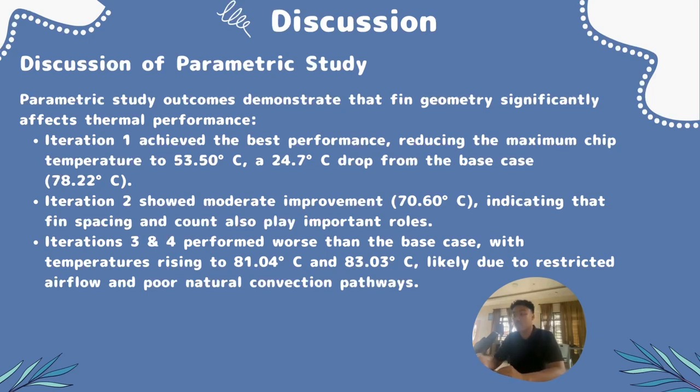Iterations 3 and 4 performed worse than the base case, with the temperature rising to 81.04 degrees Celsius and 83.03 degrees Celsius, likely due to restricted airflow or poor natural convection pathways.